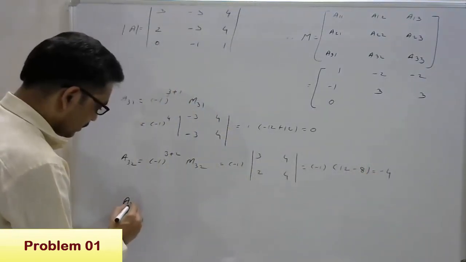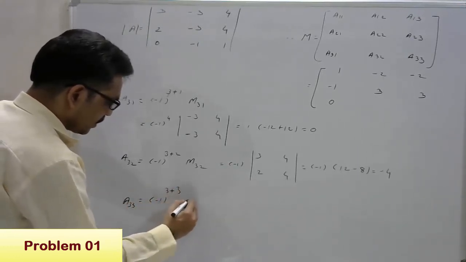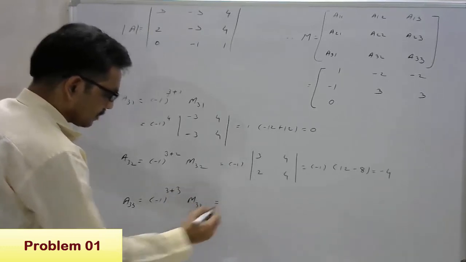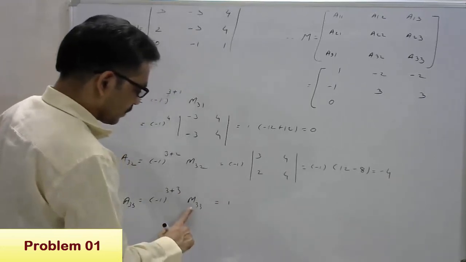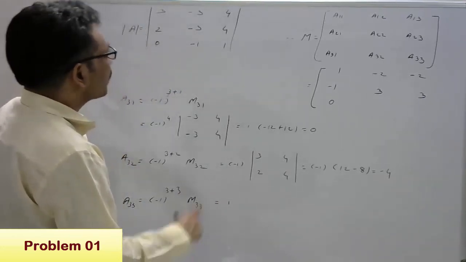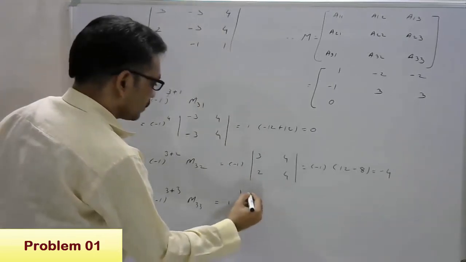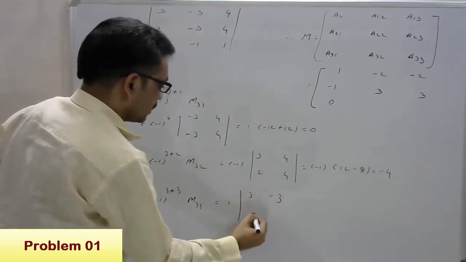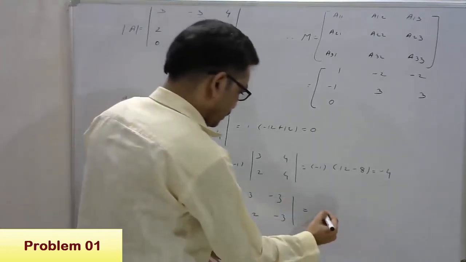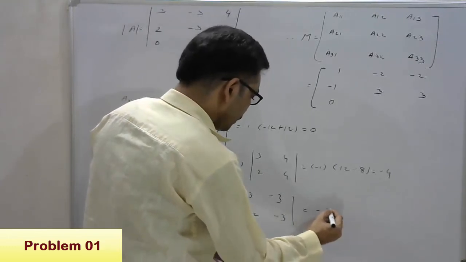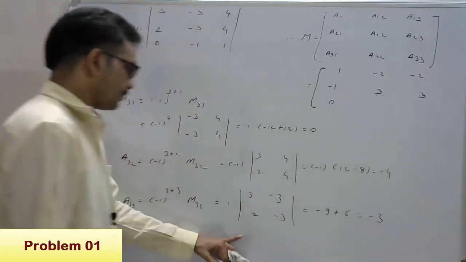The element A33 is equal to minus 1 raised to 3 plus 3 into the minor M33, minus 1 raised to 6, which is equal to 1. The minor M33 is obtained by deleting the third row, third column. Then this is the determinant 3, minus 3, 2, minus 3, which is equal to minus 9 plus 6, which is equal to minus 3.